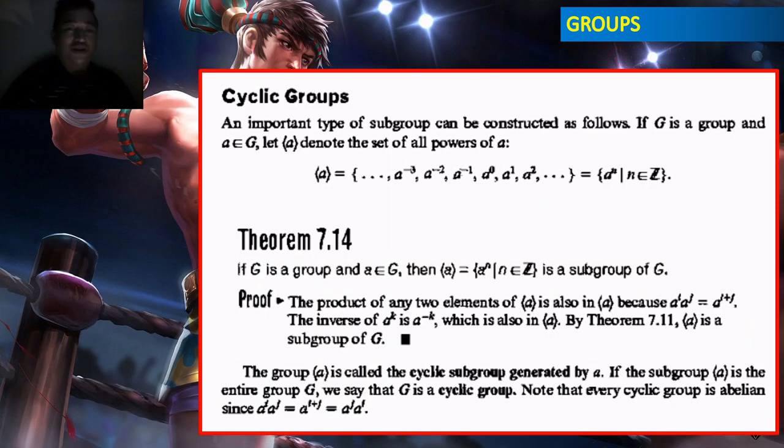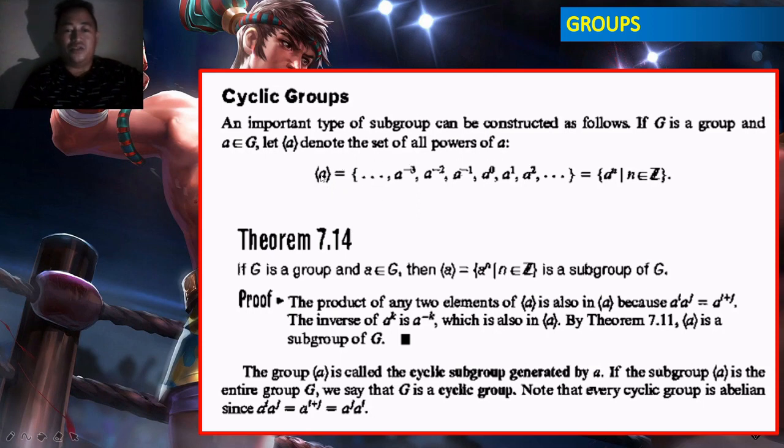Next, the cyclic groups. An important type of subgroup can be constructed as follows. If G is a group and a is an element in G, denote the set of all powers of a.